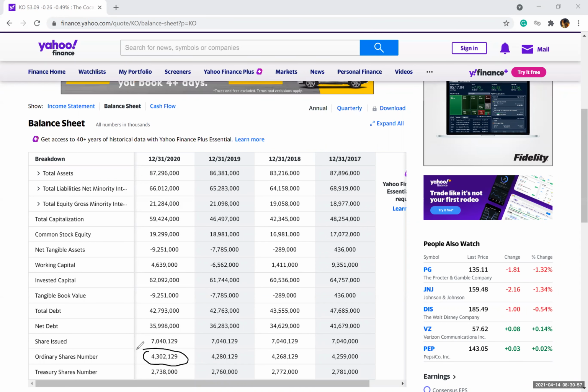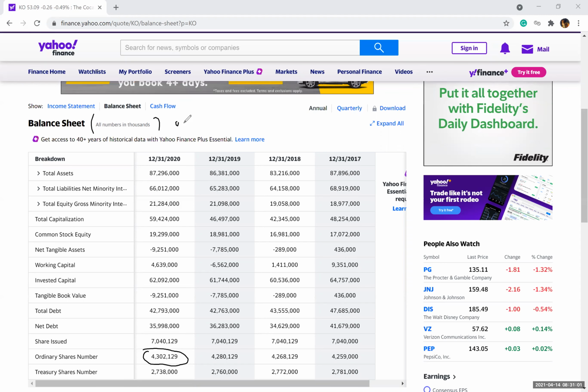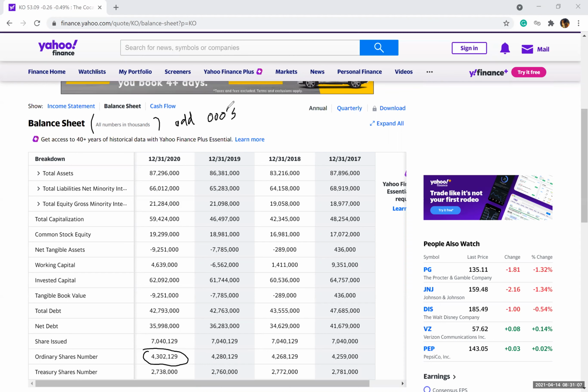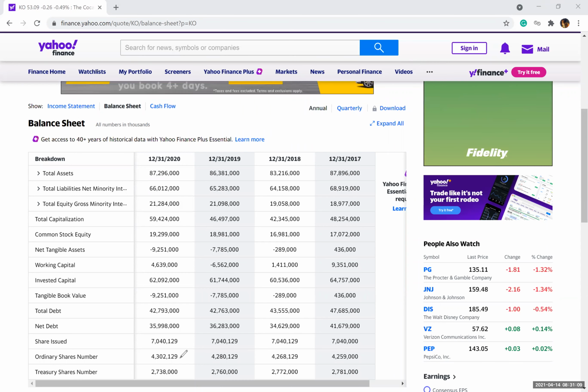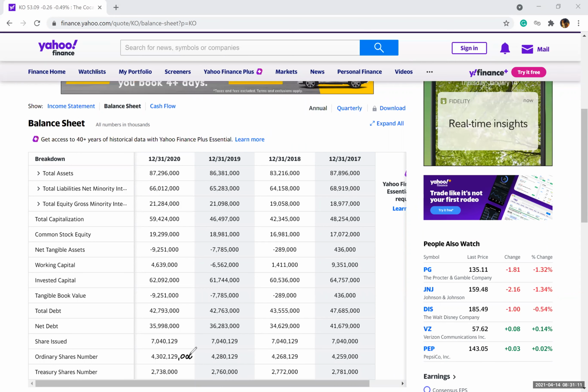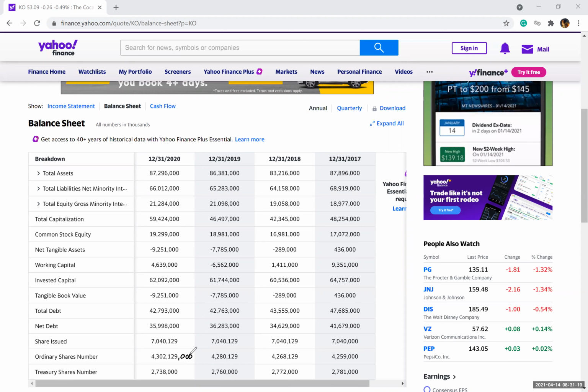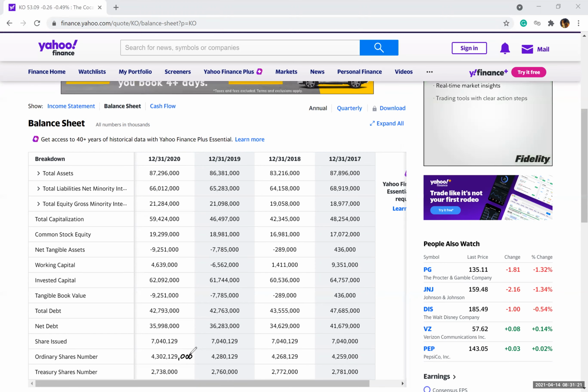And these are in thousands. So when it says numbers in thousands, what we do is we add those zeros on the end. So this is actually 4.302 billion ordinary shares outstanding. So that's pretty close. That's almost exactly what we had.